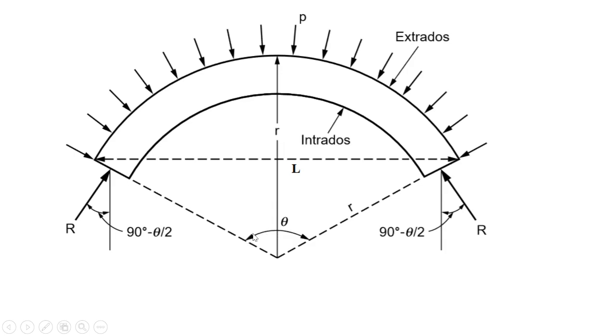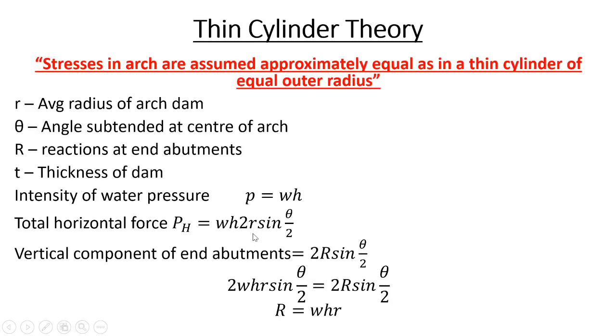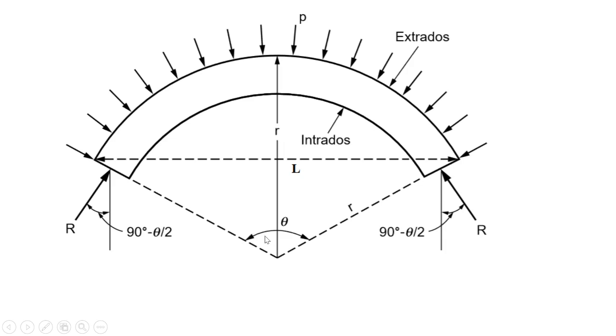Taking the sine component, sine theta by 2 equals the opposite side L by 2 divided by the hypotenuse, that is r. So you get this distance L by 2, and similarly this L by 2 will be the same here also.